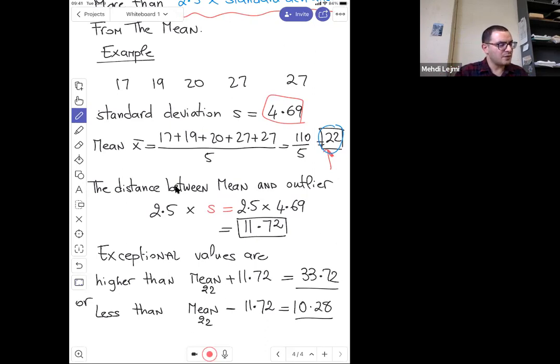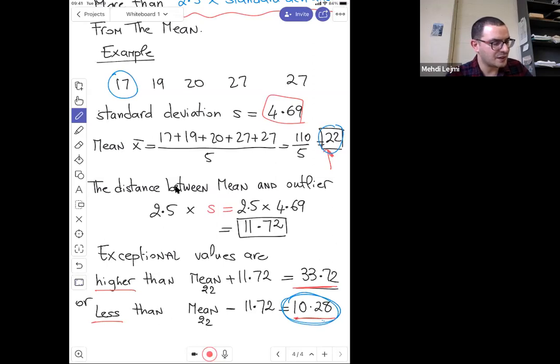So the question is, do we have some data values higher than 32.72? Or do we have data values less than 10.28? As you can see, the smallest data value is 17, so we don't have a number less than 10.28.